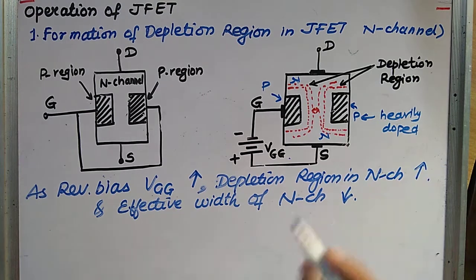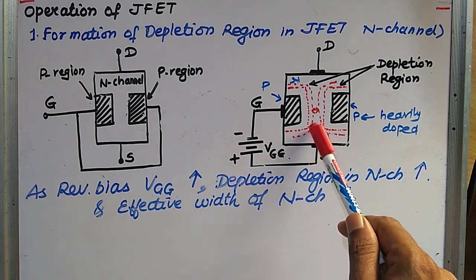We can say that physically its width is not reducing, construction wise, but the effective width from which the current will flow gets reduced.